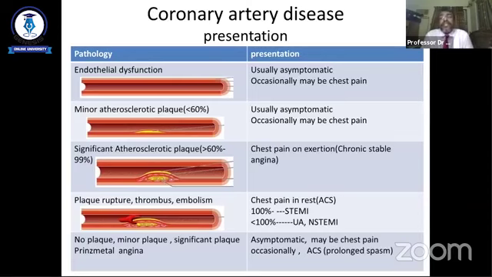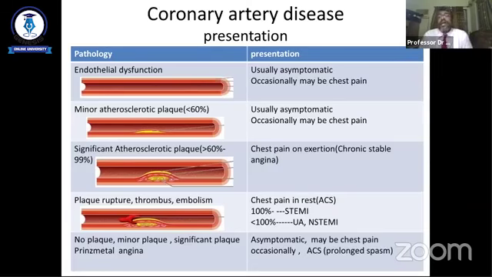This is central in nature, substernal, with some radiation, and it may be associated with severe vomiting or nausea, or the patient may present with excessive sweating. In the emergency department we do an ECG, and we send cardiac markers like cardiac troponin I and CKMB, usually 4 hours after the start of the chest pain.